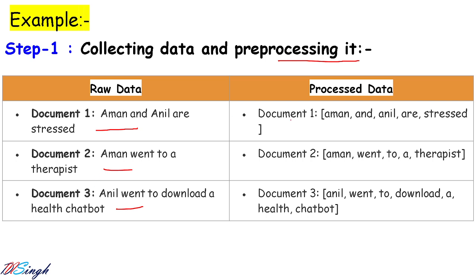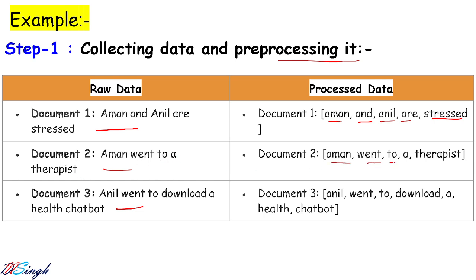Here you can see document 1, we have pre-processed the data. So we find out that these are the tokens which are present. Here repetition you need not consider. Okay, so whatever is present in the statement, you are going to write all of it. Because data is very small, that's why we are not going to remove any word out of it, otherwise meaning will be lost. Aman went to a therapist.